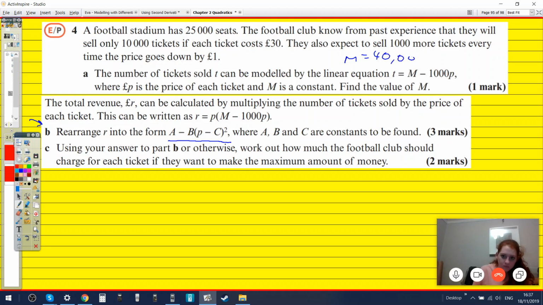And then we'll use that for part B. So from the given equation of R equals P bracket M minus 1,000P, are we putting the 40,000 where M is? Yeah.